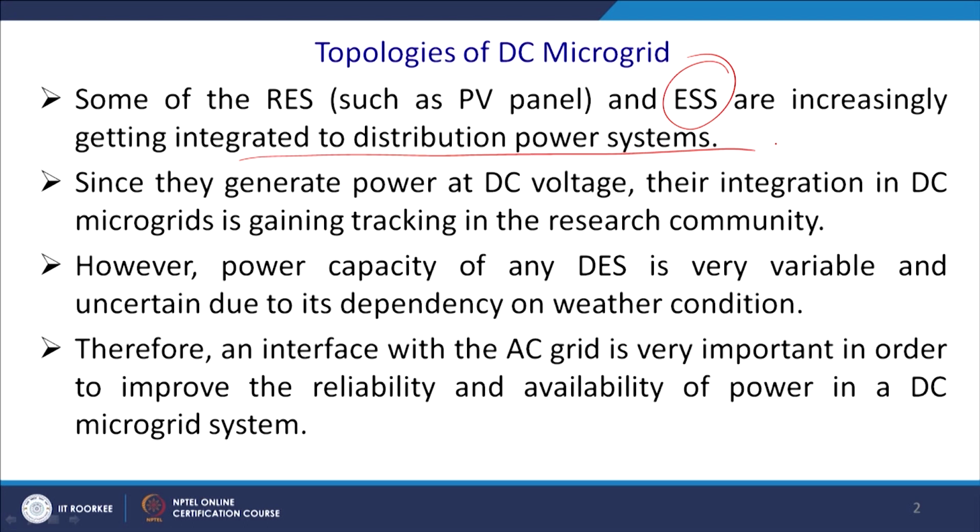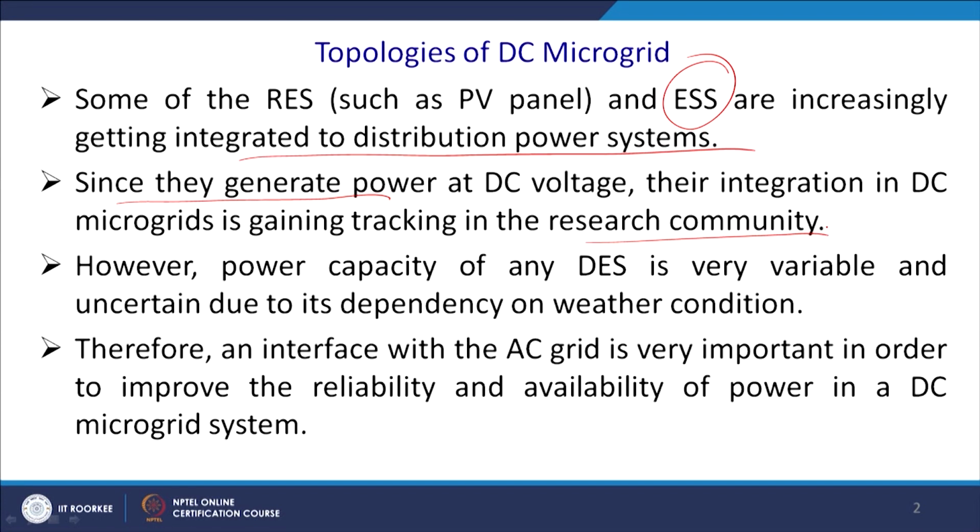So, you flatten your load, and thus you can have a zero peak community, and in the same way it can be extended to the zero peak city. This is a new concept that is emerging. Since the power is generated at DC voltage, their integration in the DC microgrid is gaining traction in the research community.